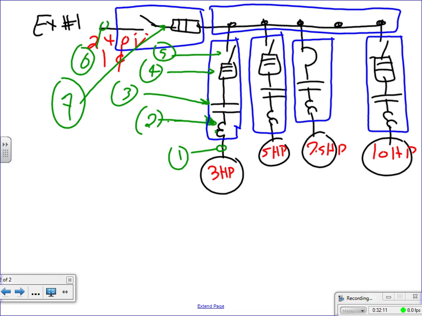The conductor versus the overload. And number 3 is? Number 3 is the contactor, the controller. Number 4 is the fuse, the disconnect. Number 6 is the cable, the feeder. Number 7 is the overload. That fuse here.